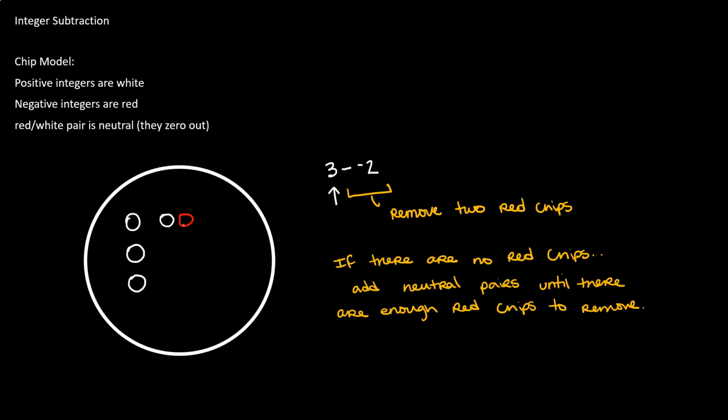Now I added 1 neutral pair, so I have 1 red chip. But I need to remove 2 red chips. So we need to add as many neutral pairs as we need until there are enough red chips to remove. So we need to remove 2, which means I need another neutral pair.